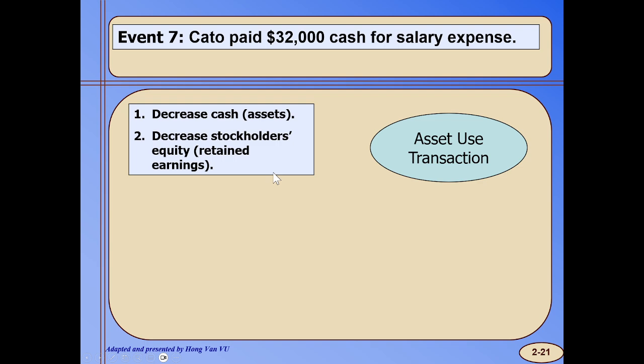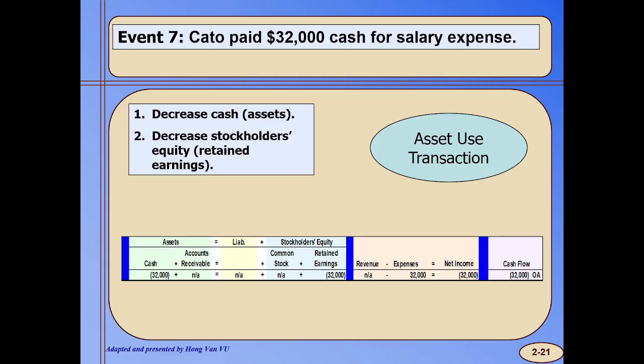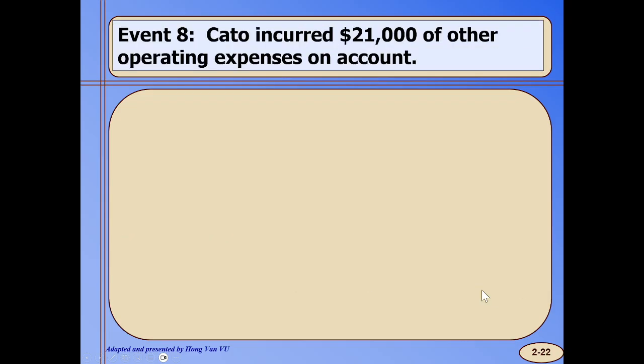The salaries expense reduces the net income, and the statement of cash flows reports an outflow of 32,000 for operating activity. This is classified as an asset use transaction. So here is the effect of this transaction on the financial statement model.